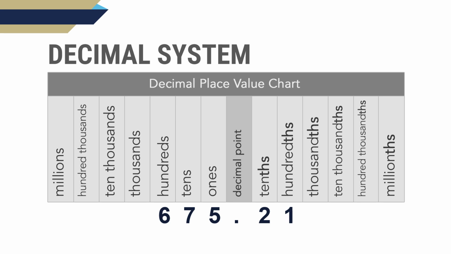Then we have the 5. 5 is in the ones place, so I have 5 ones. Then we have the 7. The 7 is in the tens place, which means I have 7 tens, or 7 times 10, which is 70. And then we have the 6, which is in the hundreds place, or 6 times 100, which is 600. So that's how altogether we get 675 and 21 hundredths.